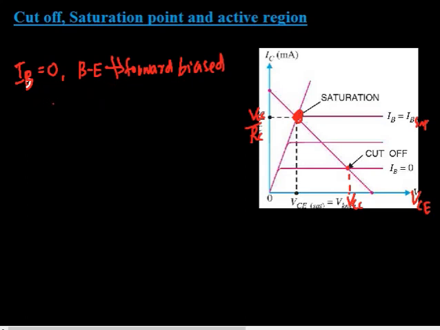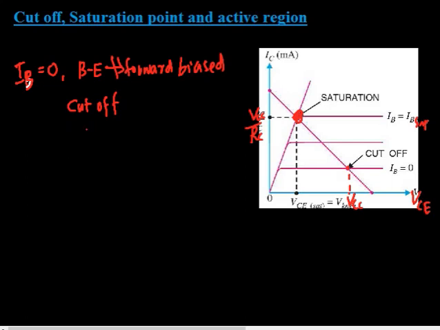If IB is equal to 0, there is no base current and no collector current, so we will not get any output. The point which corresponds to the base current equal to 0 is called cutoff. The transistor is off in that state.